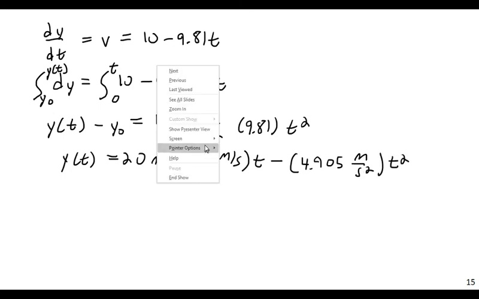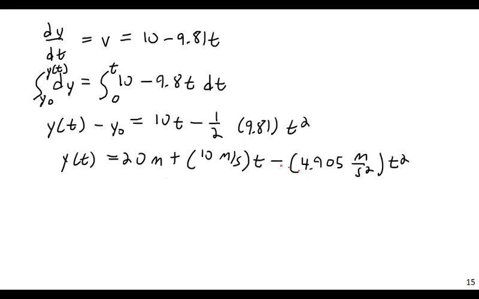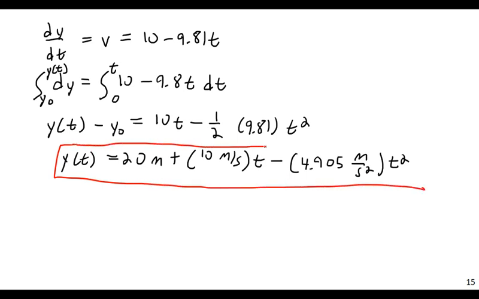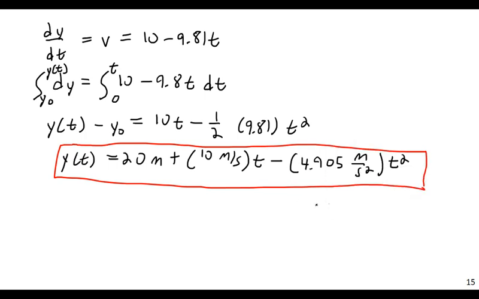And that would be my final result for my y as a function of time. Now I've essentially completely defined the motion of this particle, because I have its velocity as a function of time and I have its position as a function of time. I can find anything I want about this particle now simply by substituting in the appropriate values of time.